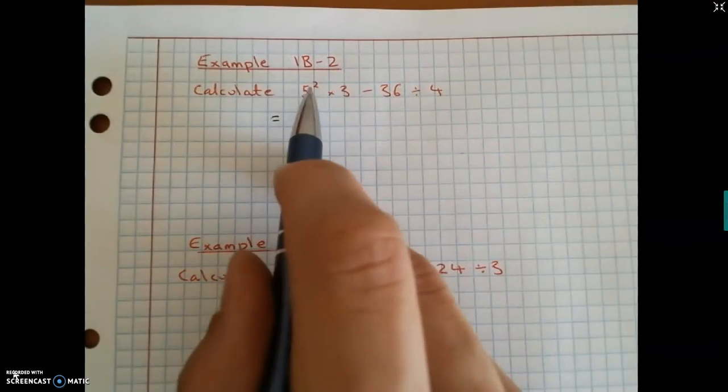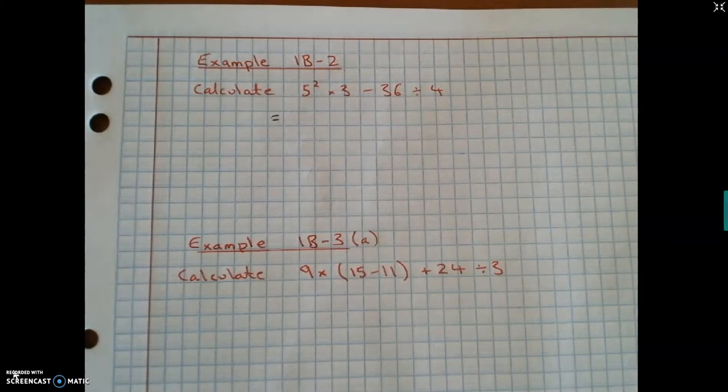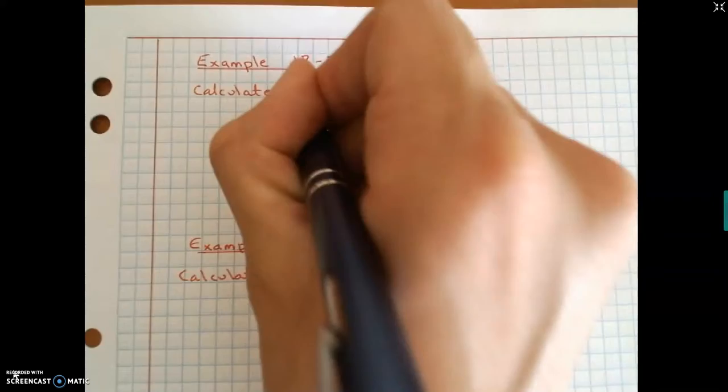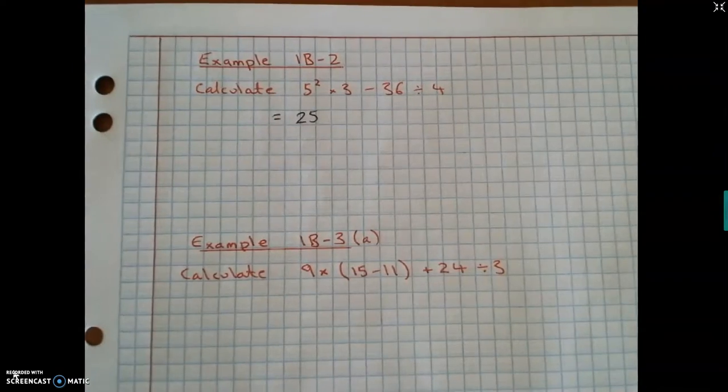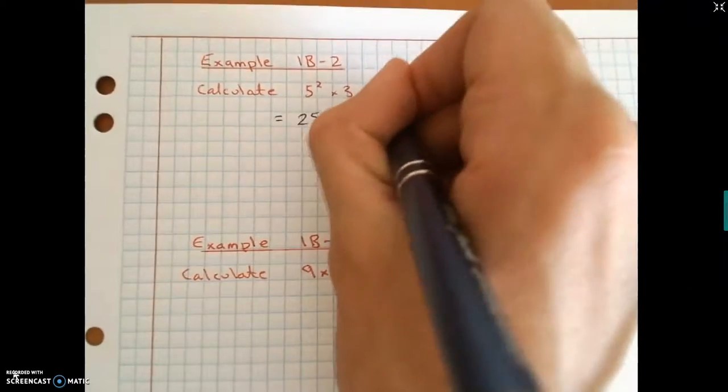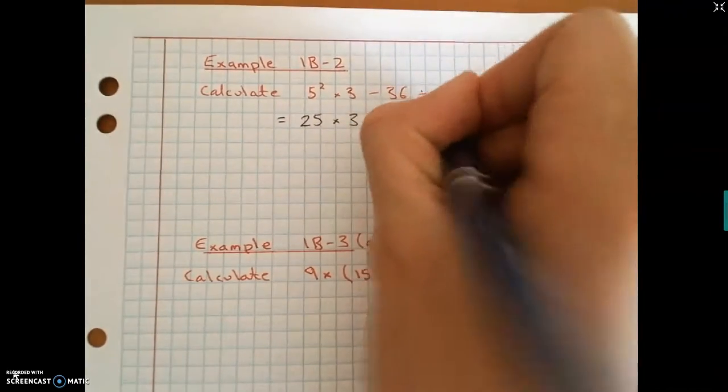Hopefully from last year you remember, if I have 5 squared, that's essentially saying 5 times 5. So 5 times 5 is 25. So I've executed that operation. Everything else is going to stay the same: times 3 minus 36 divided by 4.